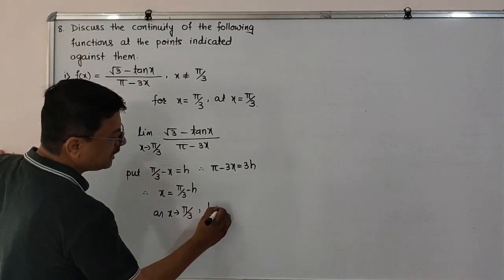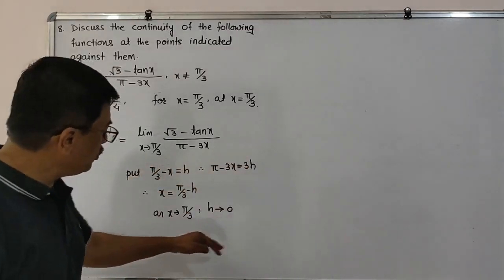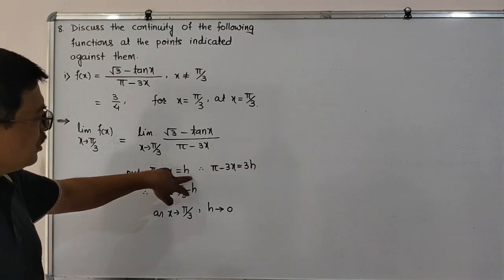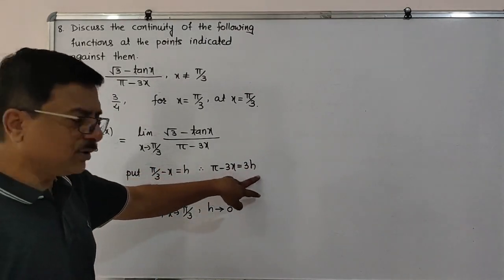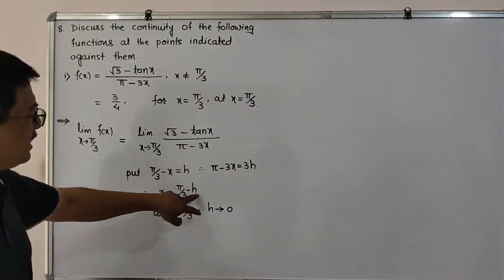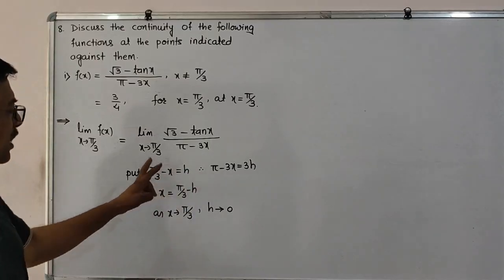Therefore h must tend to 0. Once again, look at this substitution. As pi by 3 minus x is equal to h, we have pi minus 3x is equal to 3h, and x is equal to pi by 3 minus h.